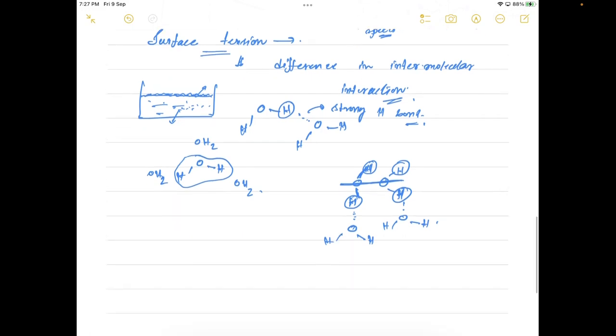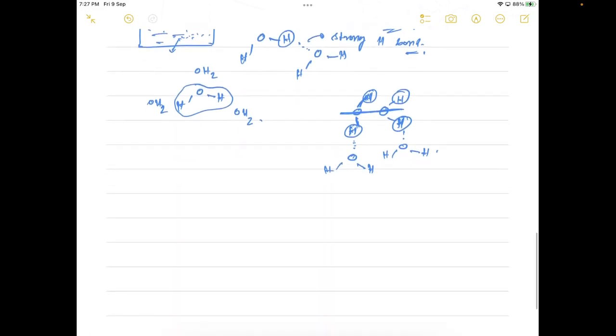Now what will happen if we add surfactant molecules? Previously I said that surfactant molecules are surface active agents, right? That means if we add surfactant molecules to the liquid water, the surfactant molecules tend to occupy the surface of the system.